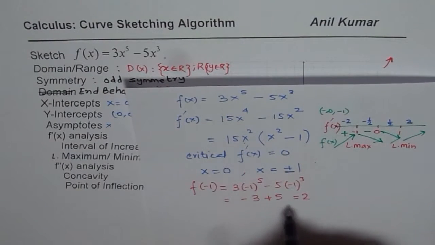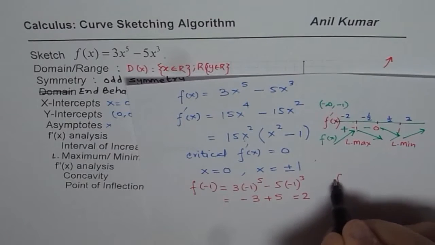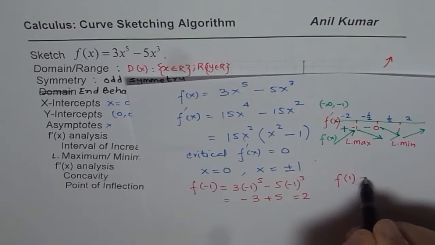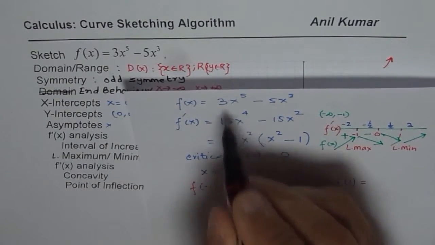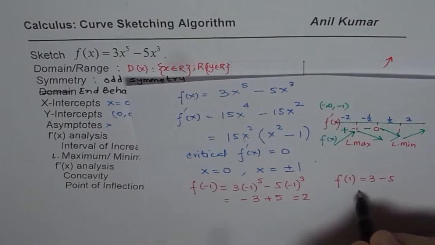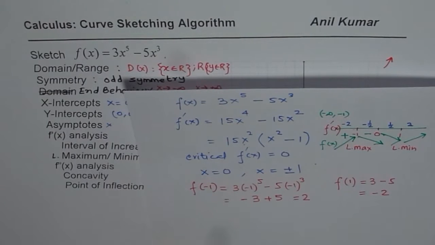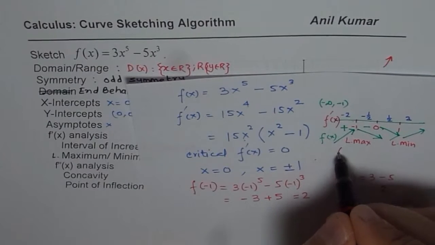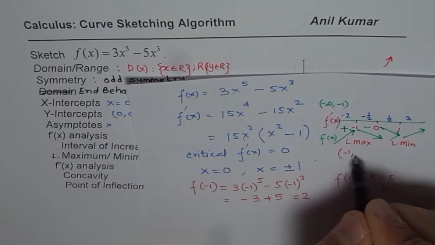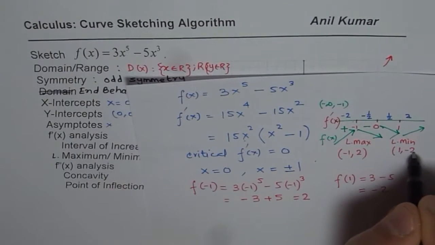So f of -1 is 2. That is our local maximum. Also find the local minimum, which will be at 1. If I substitute 1 here, I get 3 - 5, and that is -2. So we get the local maximum and local minimum. Maximum being at (-1, 2), and the minimum at (1, -2), right?